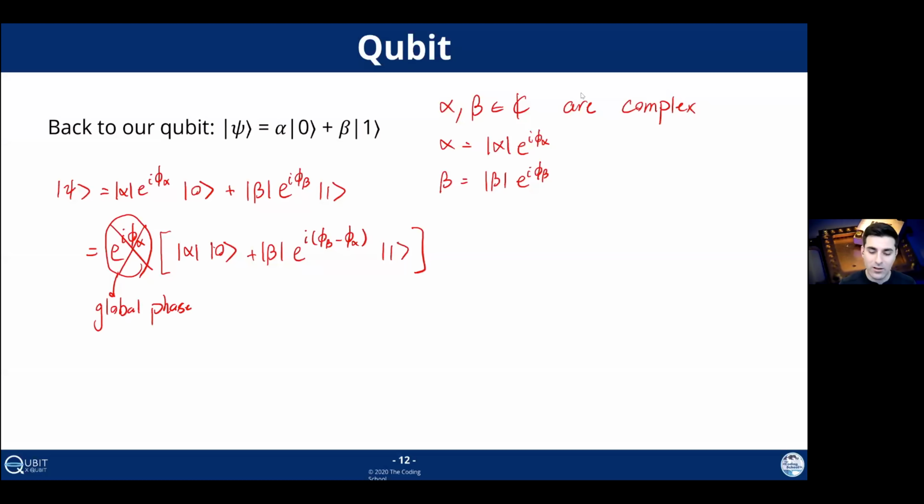Okay, now I'm going to relaunch the poll. What about this phase? Is this something that I can ignore? And again, unable to access canvas is not a valid answer. Okay, let's take 20 more seconds and try to answer this question.